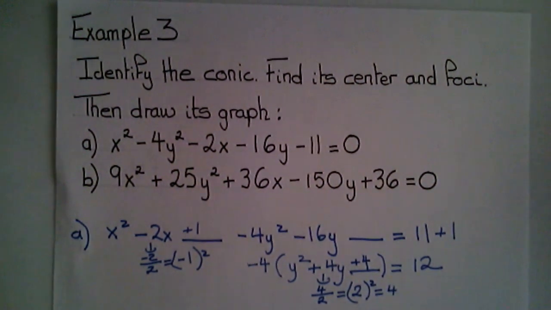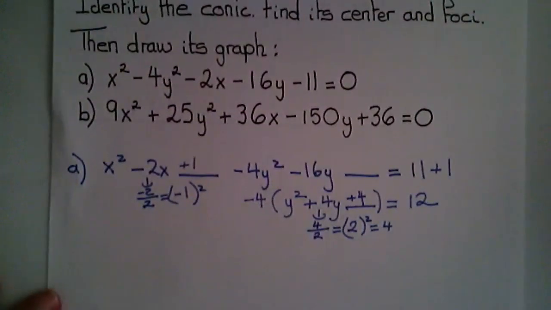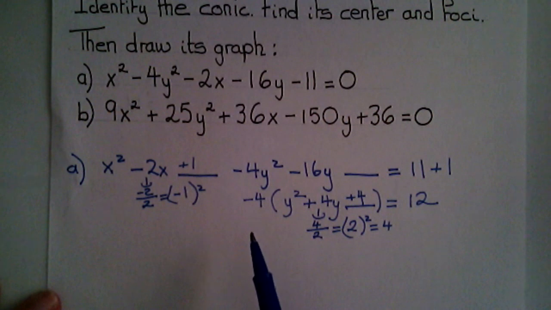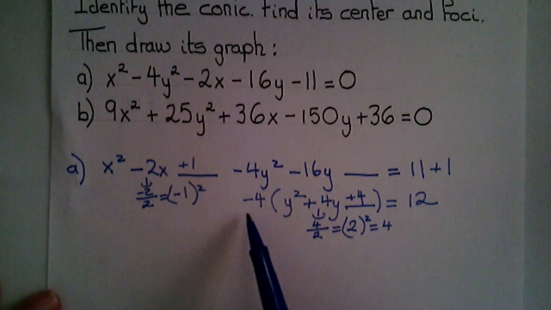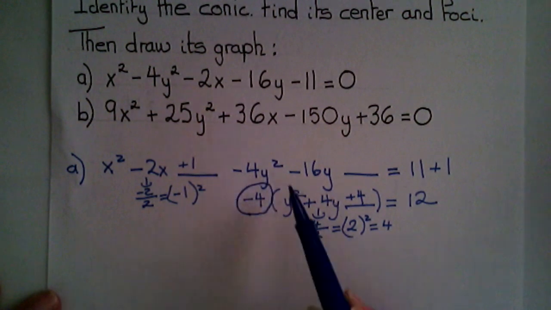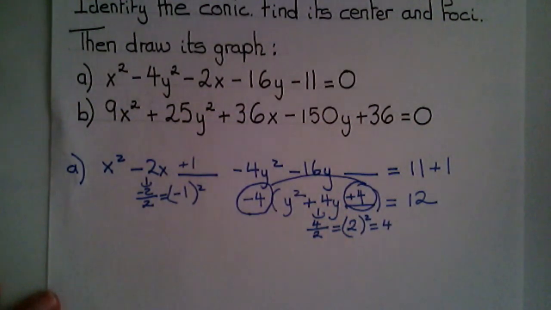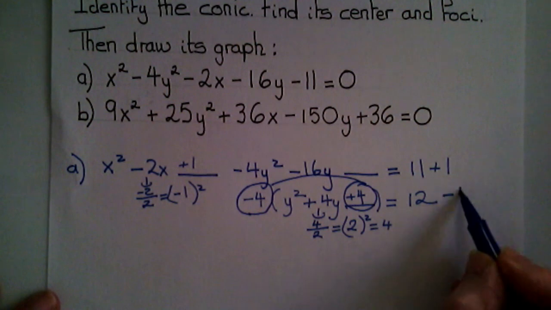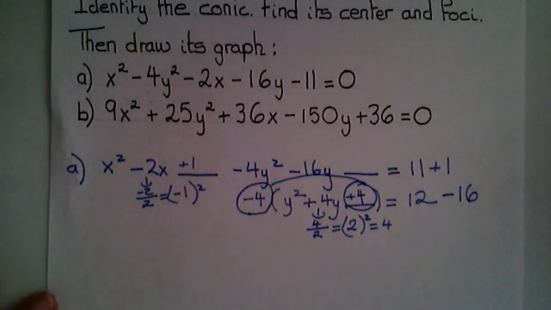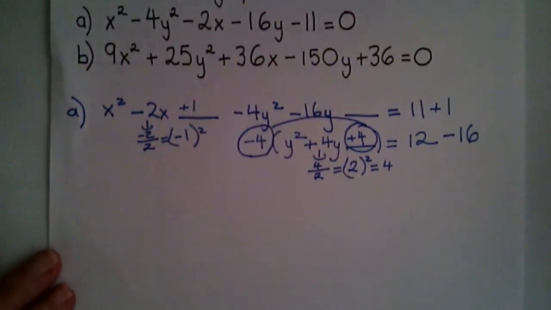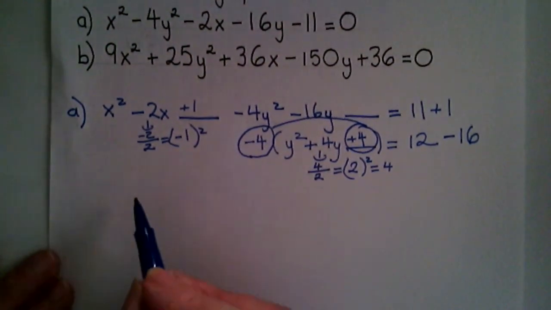Now, one thing you have to remember here is that if you factored something out, you then have to make sure that you multiply this with this. So now you have negative 16. Okay. So look over it again, make sure you understand.